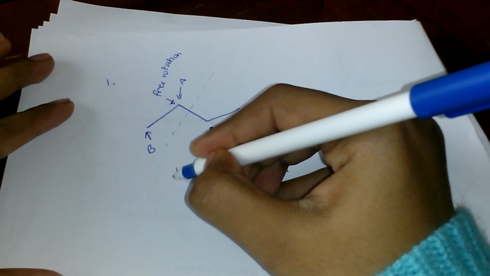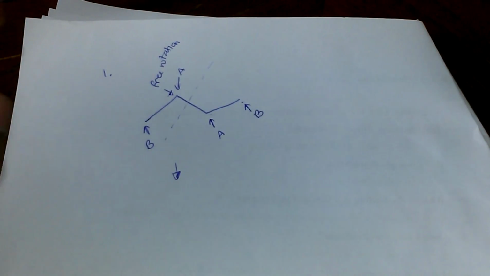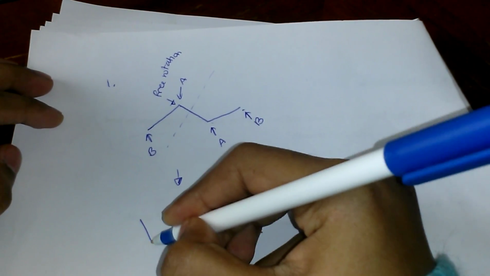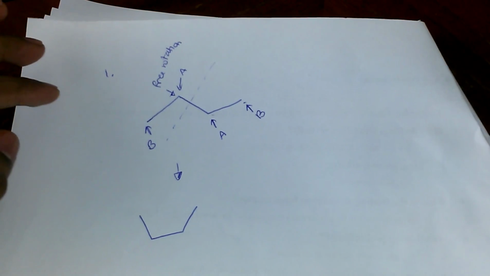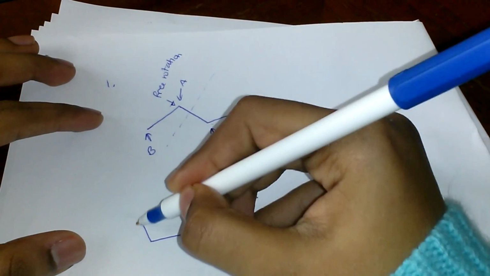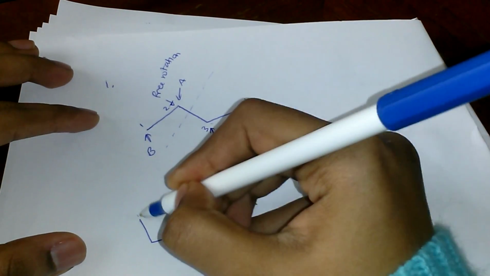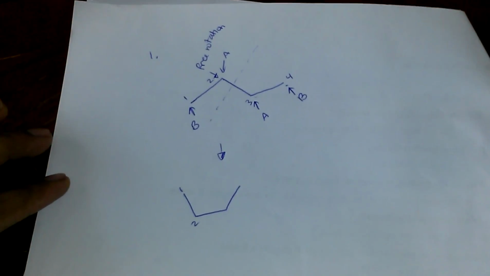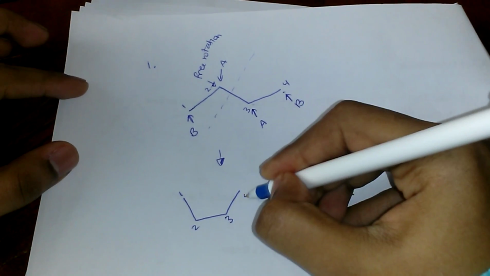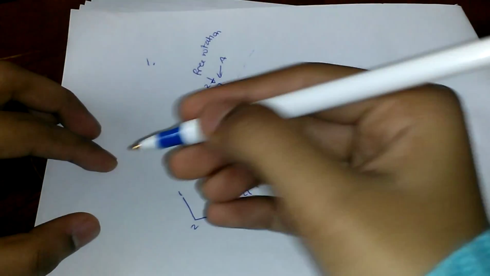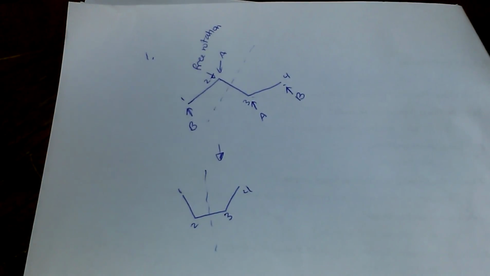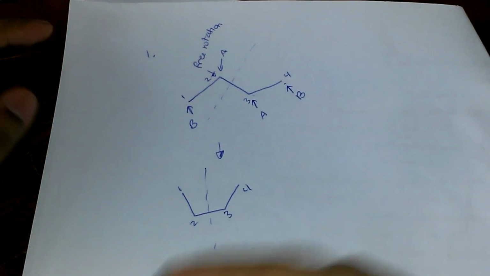So when it rotates, by using your Newman projections, it will become like this. It's the same thing. So we have 1, 2, 3, 4, 1, 2, 3, 4, just as an easier way to present this. And you can see the symmetry straightforward in this example.